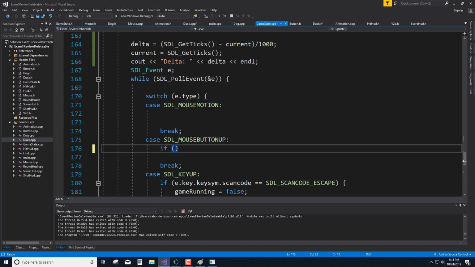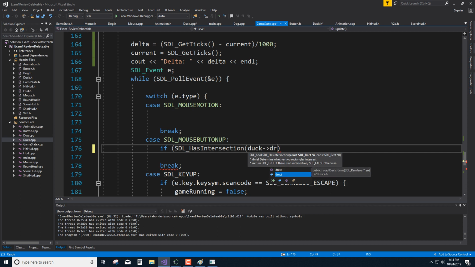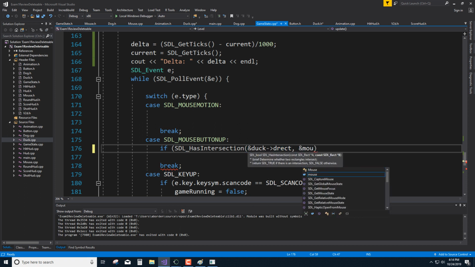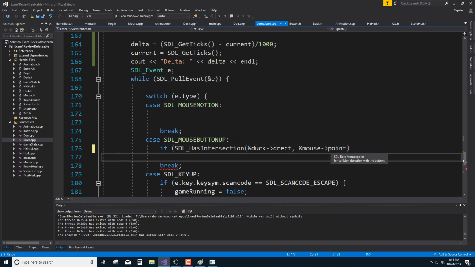So if SDL has intersection with the duck rectangle, and this has to come in by reference, and the mouse point is a rectangle, right?